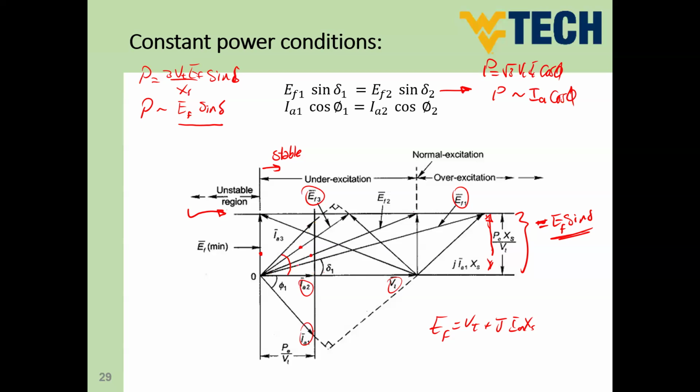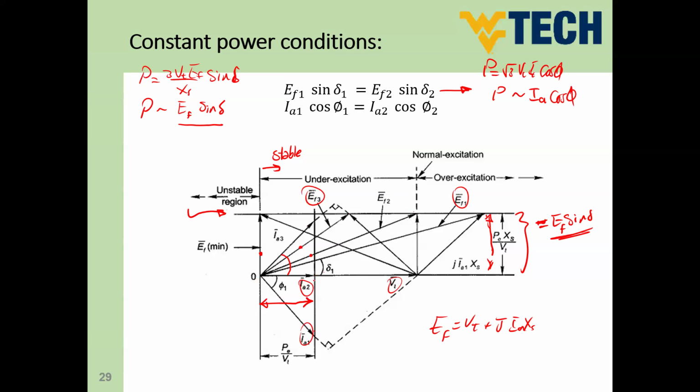If you compare the three cases together, you would find that this length here represents IA cosine phi. So IA1 cosine phi 1 is this length. IA2 cosine 0, which is power factor unity, cosine of the angle equals 1 if the angle is 0.